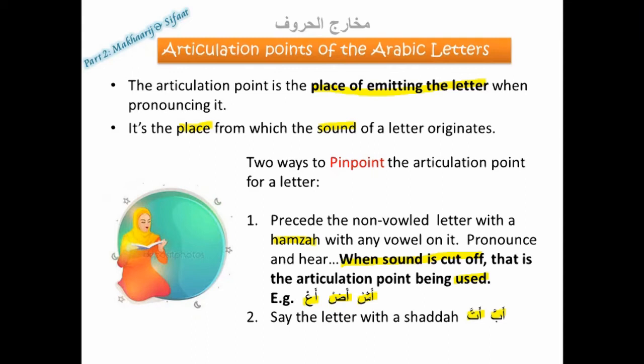Same with atta, the tip of the tongue, I'm saying atta, where I'm saying at, that's where the sound is cutting off, that's the makharij of ta. So inshallah, this is a very good way to check your pronunciation, and if you're using the correct articulation point, inshallah, after you find out in the next slides where each letter is coming from, inshallah, and exiting from.